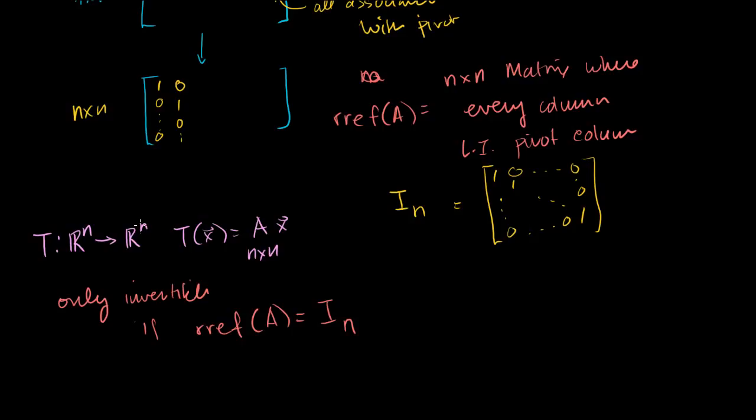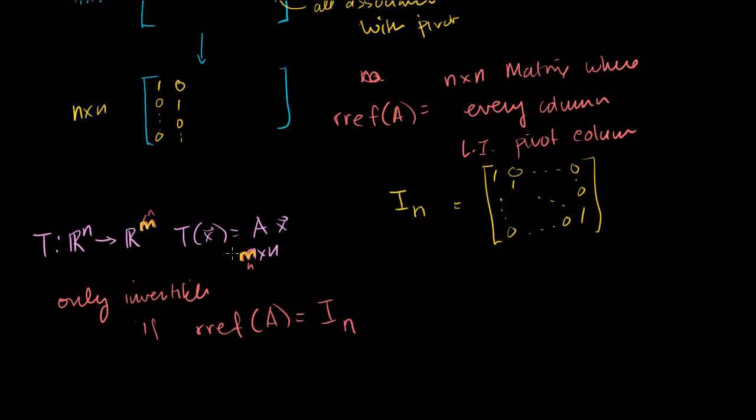of our transformation matrix is equal to the identity matrix on n. I could have written an m here, and I could have said this is an m by n matrix. But the only way that this is going to be true is if this is also an n and this is also an n. But let me leave those m's there, because that's the big takeaway.